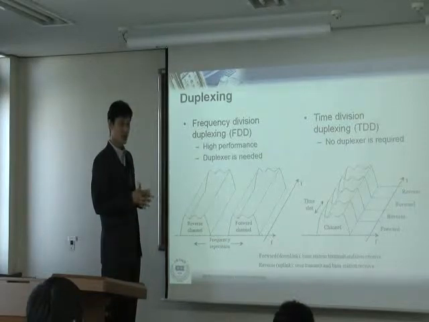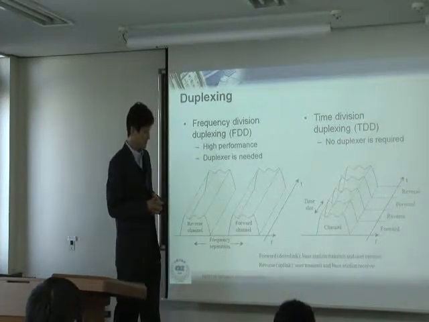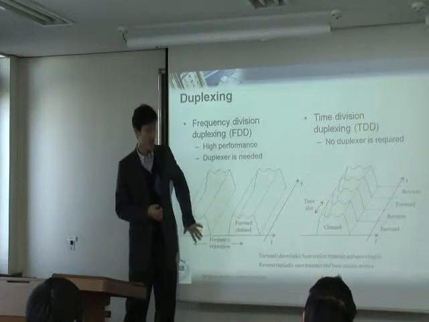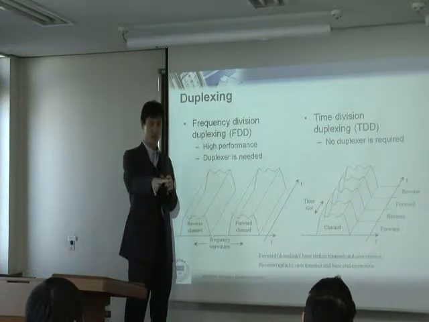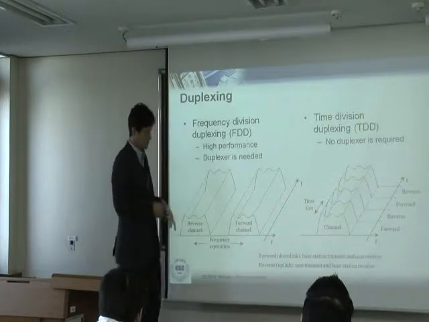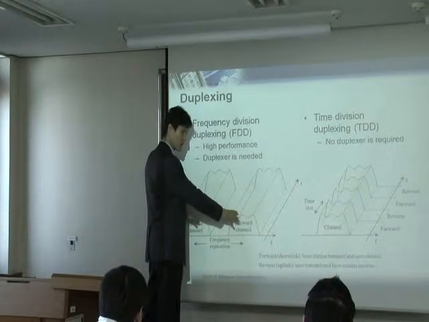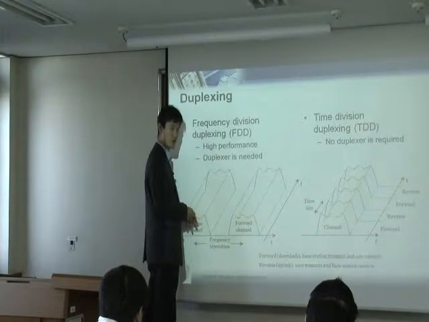Now here's one question. Simple question. Maybe someone has some idea. Downlink, uplink, right? Downlink is what? Base station transmits, that's downlink. Users transmit, that's uplink. Let's say we want to separate downlink and uplink with two different frequencies. Which one do you want to use with the low frequency?